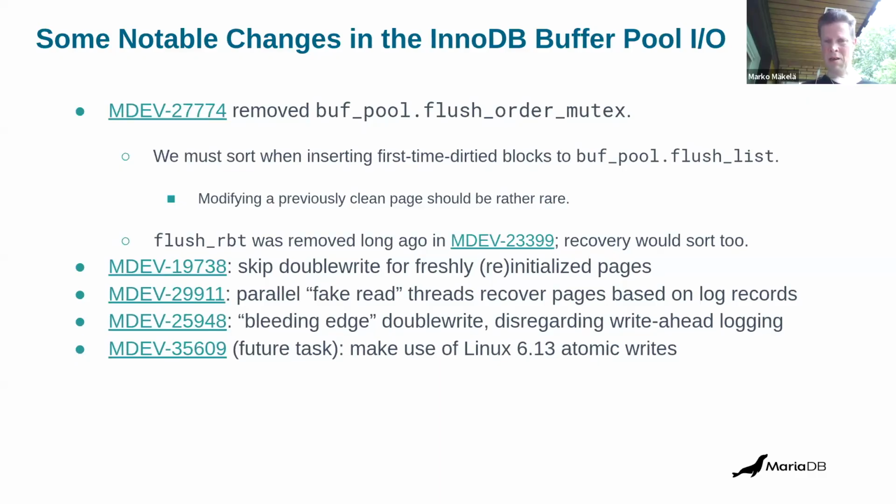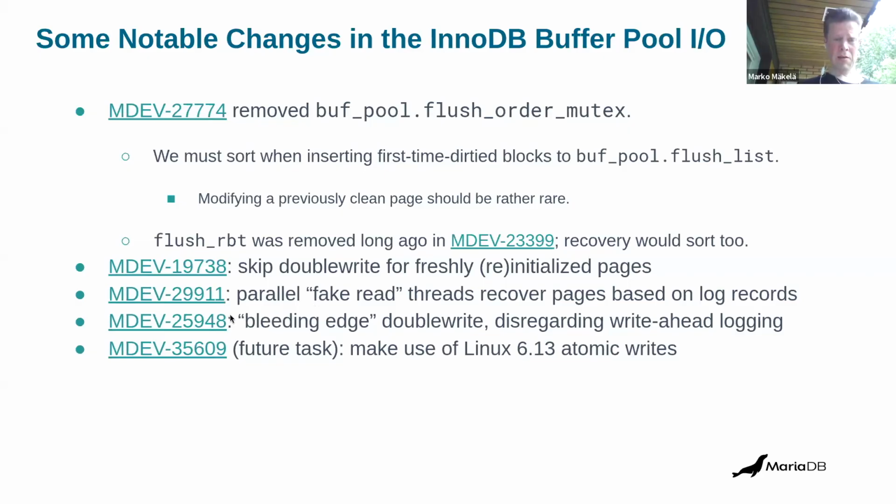I think that before some MariaDB fix in 10.2, we were unnecessarily reading pages, even though we knew based on redo log records that we are actually initializing those pages. So this is a speed up also. But before this fix, these special pages were recovered in a single thread, so it could be slow.